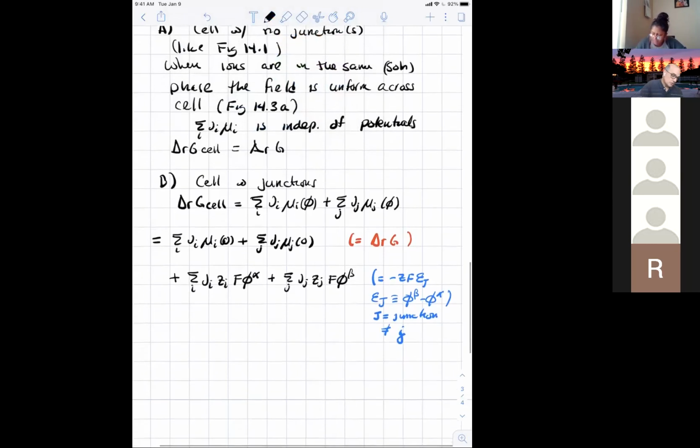All right, so in other words, what we get is this. These are two terms that we get, but remember, all this equals the cell free energy. So I have to write it like this.